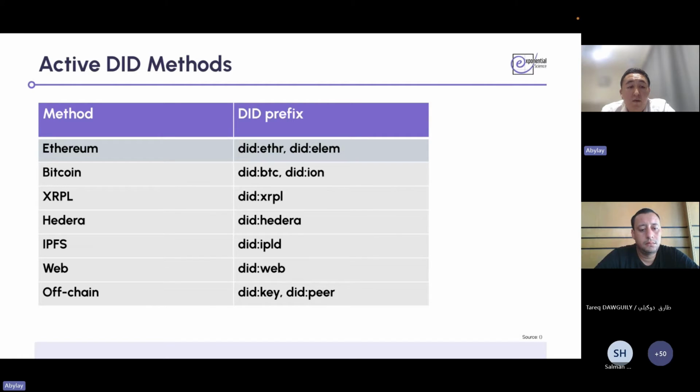We also have off-chain methods like IPFS, and DID web, which is basically URLs. Off-chain methods like DID key and DID peer are more suitable for peer-to-peer use cases, because they don't require any ledger to verify.